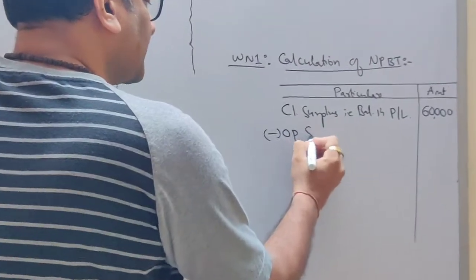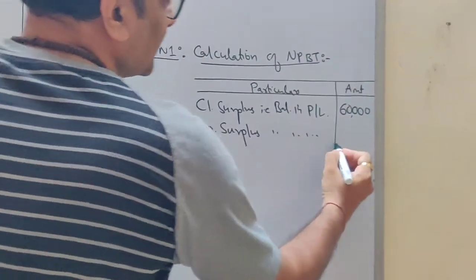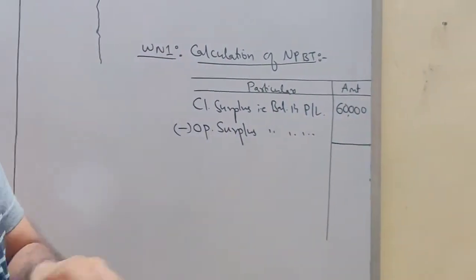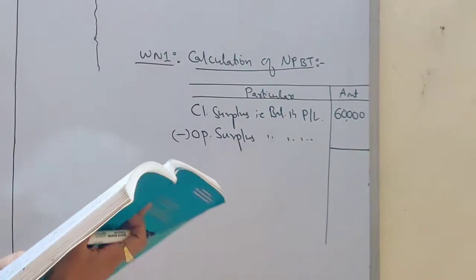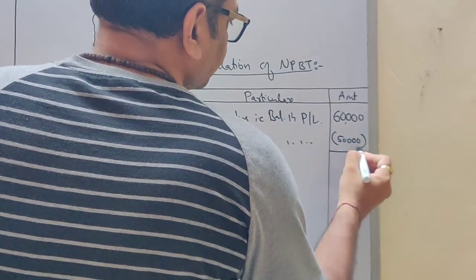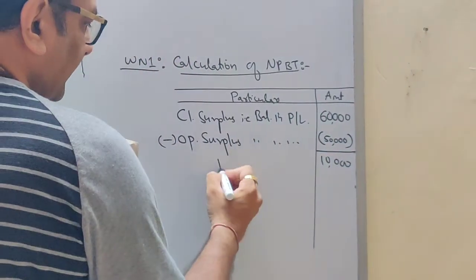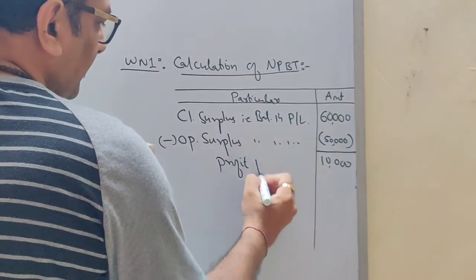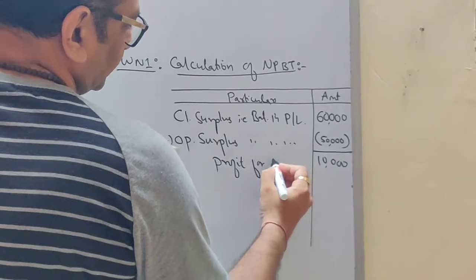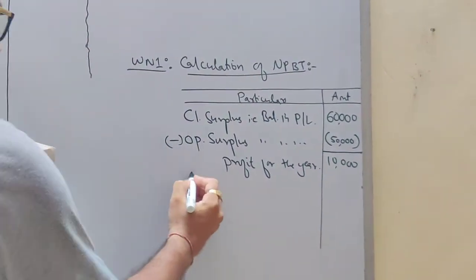From this you minus the opening surplus balance in P&L. They have given last year's, the previous year's surplus as 50,000. So the difference is 10,000. This we take as profit for the year.